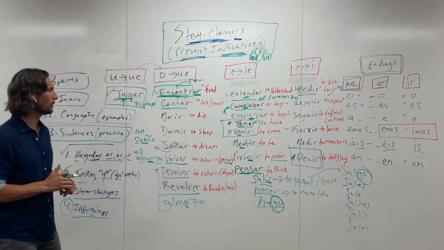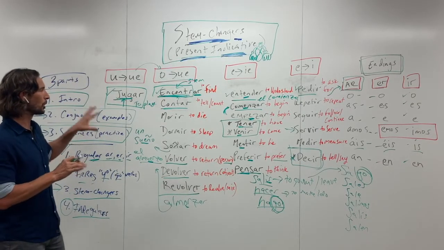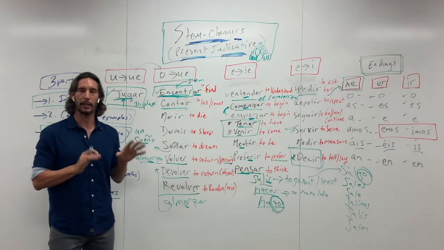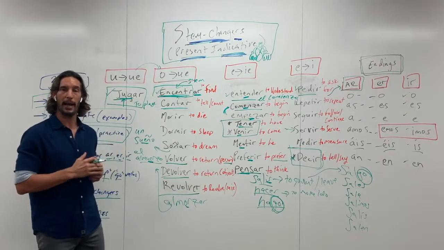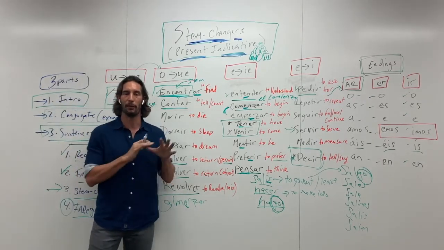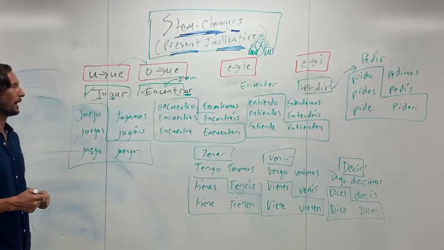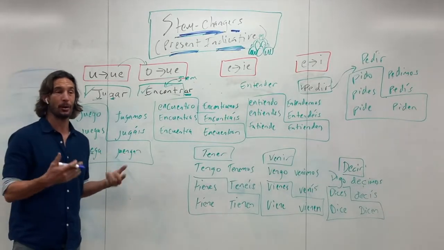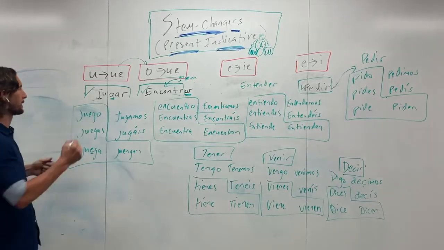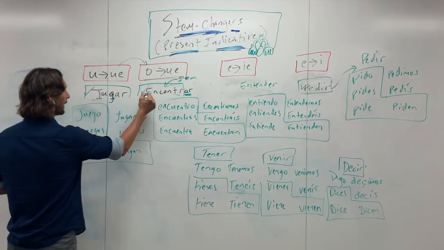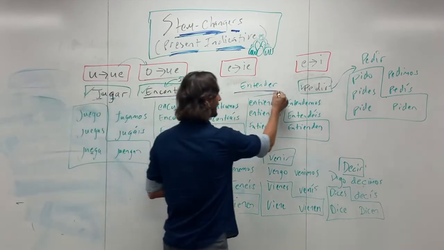And so what I want to do is show you how to conjugate these. And so that's what we're going to do right now as phase 2 of this lesson. Okay, so now we just took really the top part of the list: the first verb in each group, jugar, encontrar, entender, and then pedir.